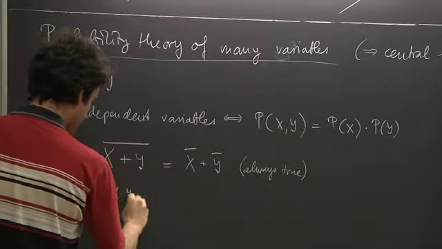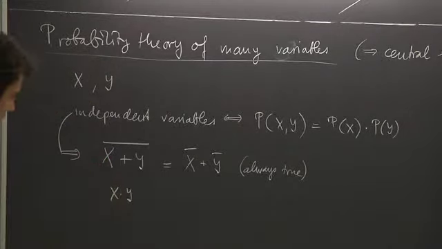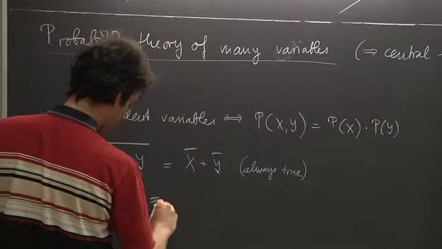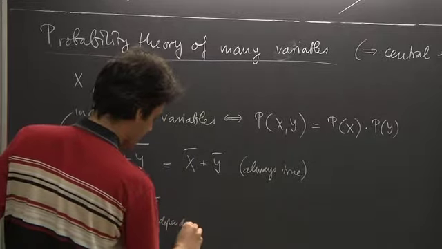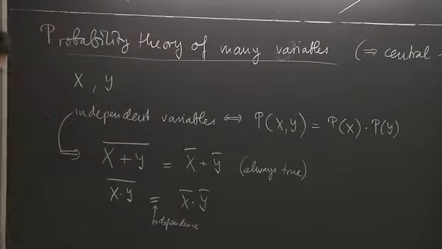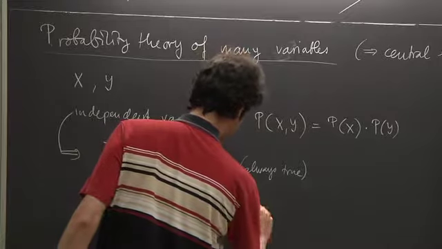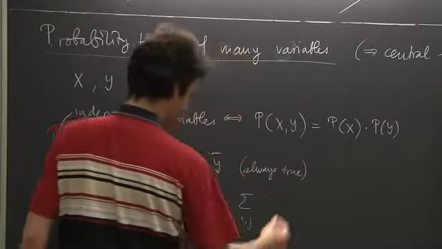But you can also ask, for example, about the product of x times y, and ask what is the average. And here, if you have independence, then again you find that this is equal to the average of x times the average of y. And how do you show that? Well, as I said, you have to sum over all possible realizations.